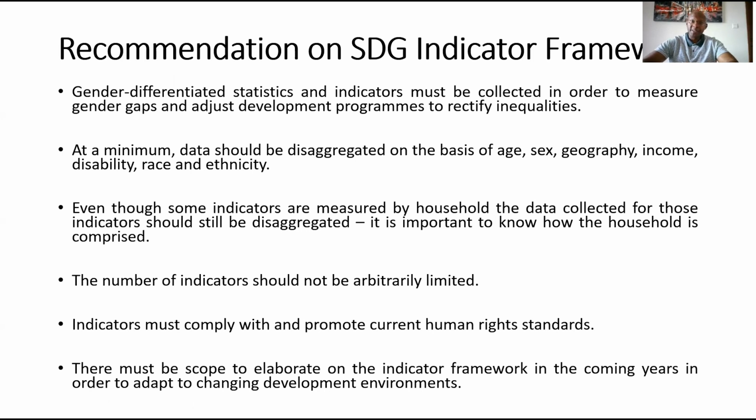And even though some indicators are measured by households, the data collected for those indicators should be disaggregated, and the number of indicators should not be arbitrarily limited. And indicators must comply with current human rights standards, and they must be scoped to elaborate the indicators in the coming years in order to ensure that we adapt to the changing development environments.